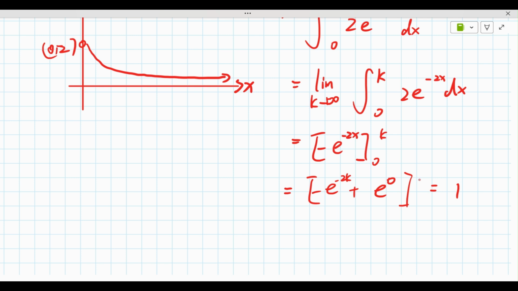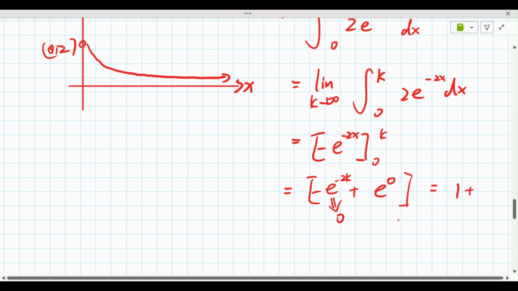So we have 1 plus 0, which equals 1. Yep.